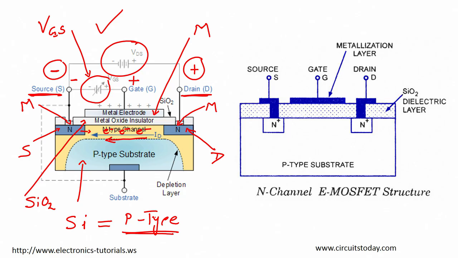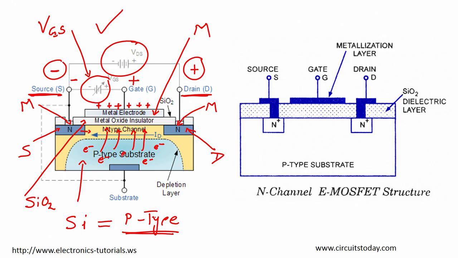That means the positive voltage here will cause the electrons from my p type to go towards the gate, which are minority carriers. In a p type substrate, the minority carriers are electrons and the majority carriers are holes.